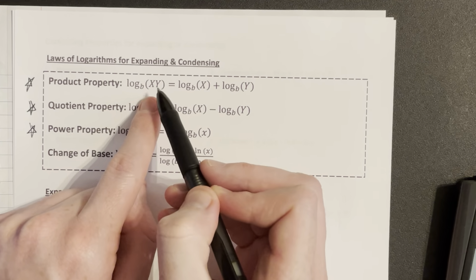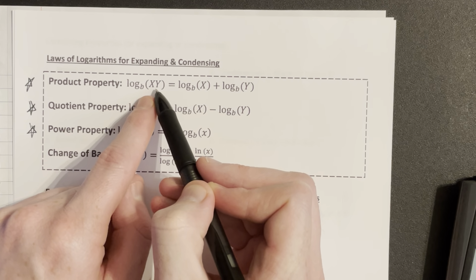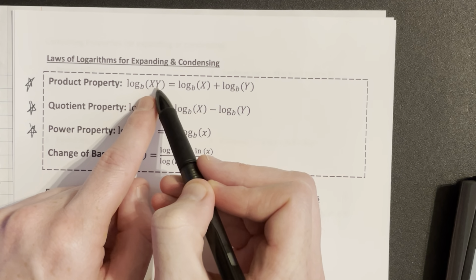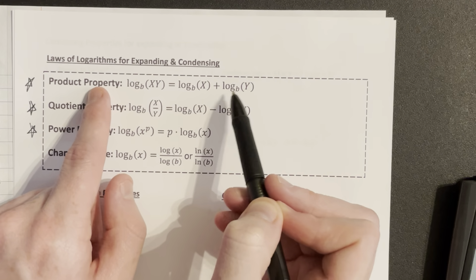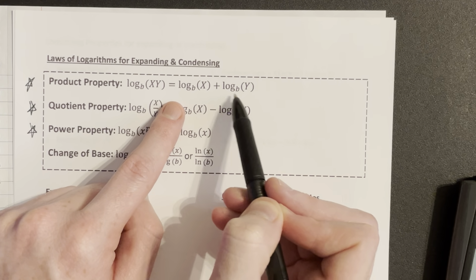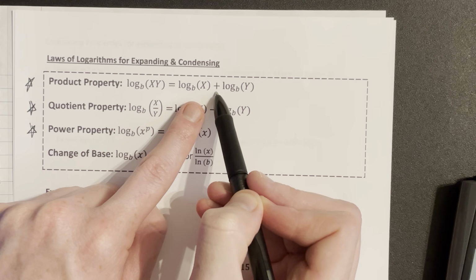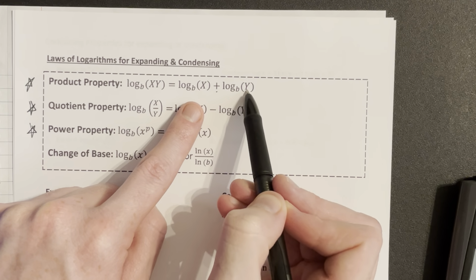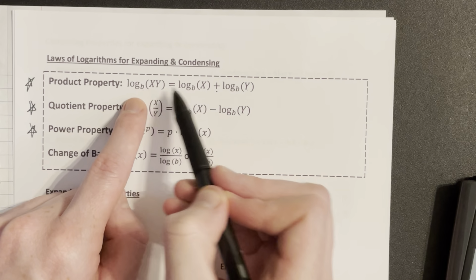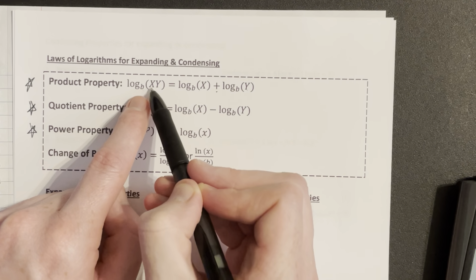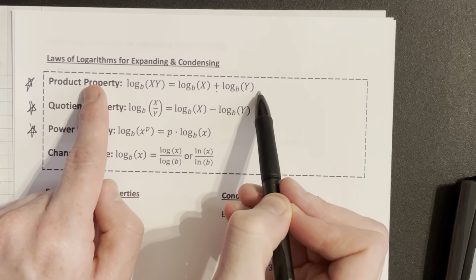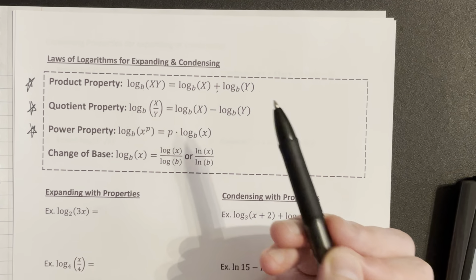So if you see a product inside of a log, like x times y, we can expand that into 2 different logs with addition. So it's log base b of x plus log base b of y. Notice the bases are all going to stay the same, but that multiplication expanded into adding 2 logs together.